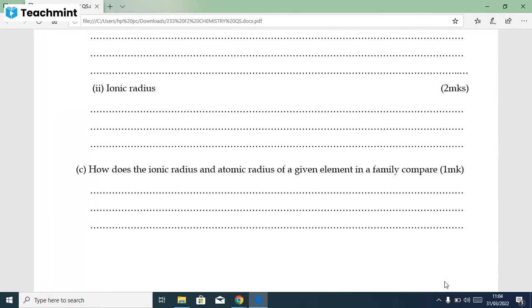Why? Because alkali metals ionize by losing an electron, which leads to loss of an energy level. So for atomic radius, when we form an ion we lose one energy level for alkali metals. We lose one electron, and when we lose one electron we lose an energy level. So you find that the ionic radius will have fewer energy levels, therefore it is smaller.